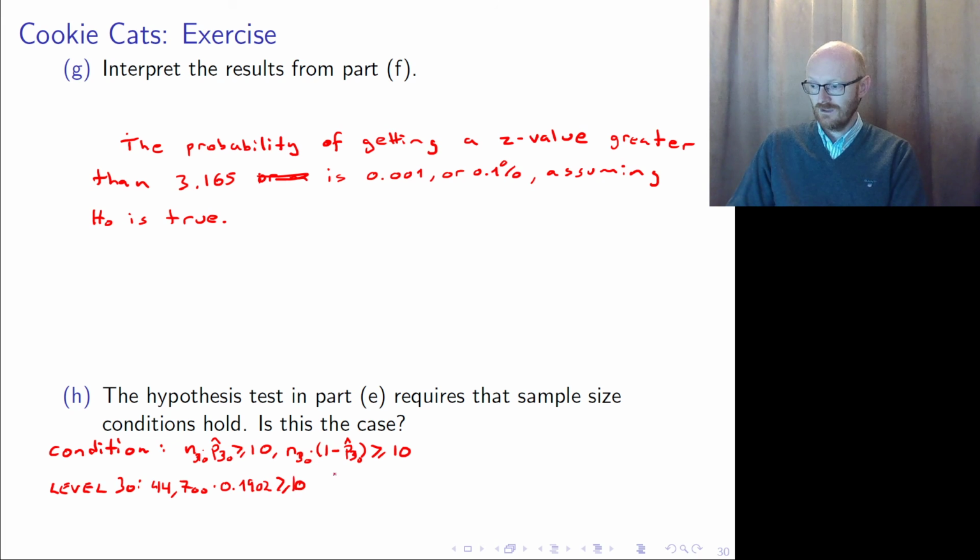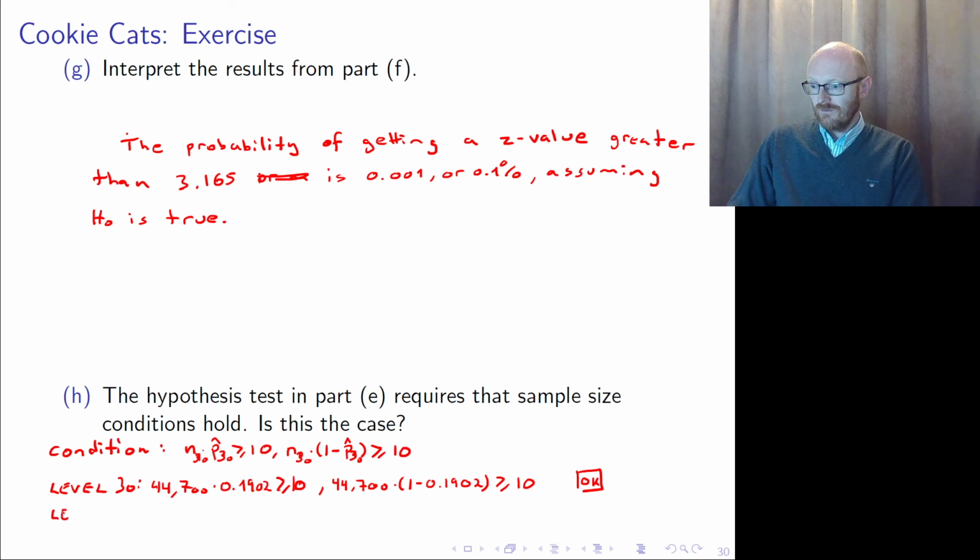Okay, we see that immediately. And the sample size, 44,700 times 1 minus 0.1902 is greater than or equal to 10. So this is okay for those in the group with the gate at level 30, right?